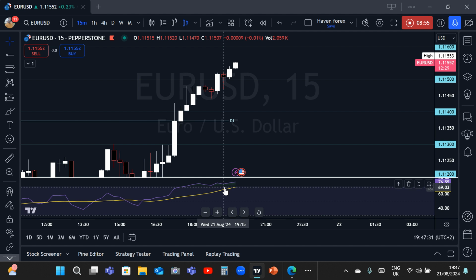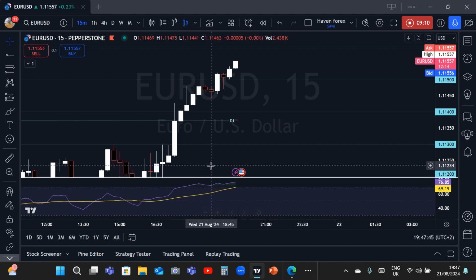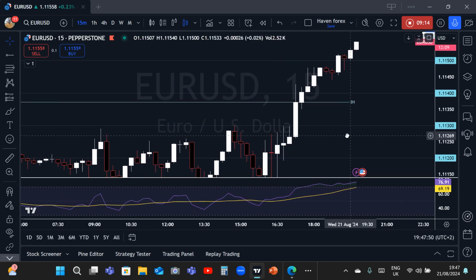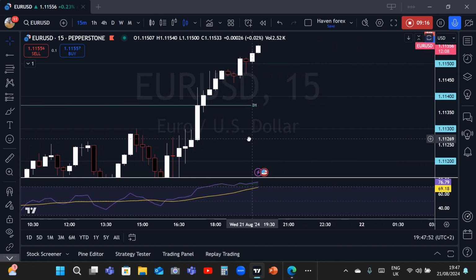You can see that it's above the band. Look at the upper bound and the lower bound. It's already out of it. So you see, it's 76.79, indirectly telling us at this point the market is overbought.